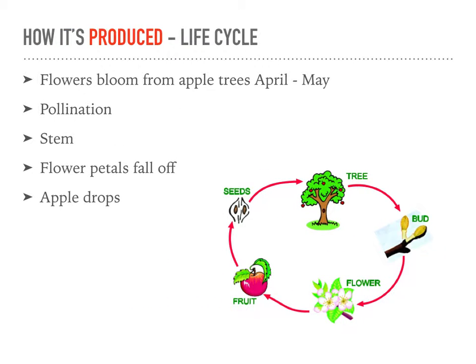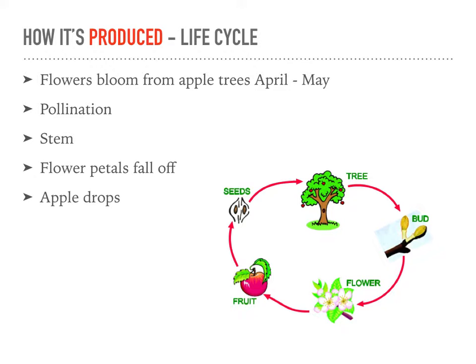The life cycle of an apple. Apples begin as a flower called an apple blossom. These flowers are then pollinated by typically honey bees or bumblebees, but sometimes the wind can help pollinate flowers.